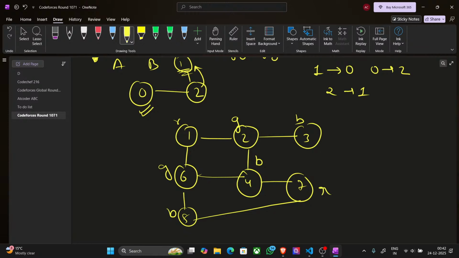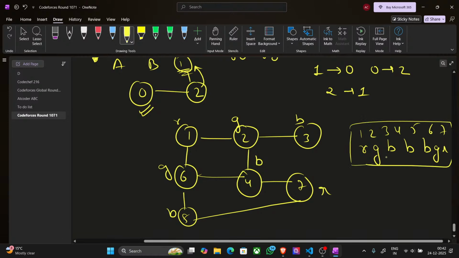So this will be my marking strategy. While writing the string, I can write it as R, G, B, B, B, G, R. So this will be my string for nodes 1, 2, 3, 4, 5, 6, 7.